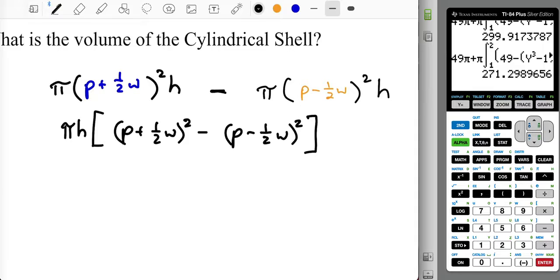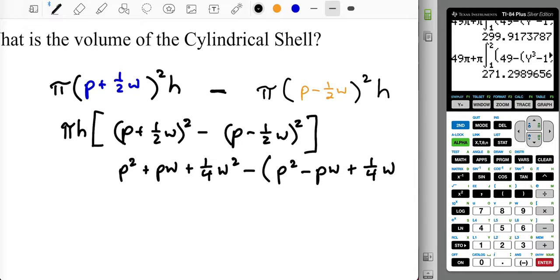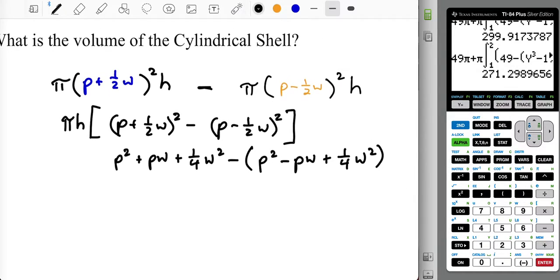So P squared, and the outer and inner cross terms will each be 1/2 PW. Add them together, you get PW, plus 1/4 W squared, minus P squared minus PW plus 1/4 W squared, all bracketed and multiplied by pi h.